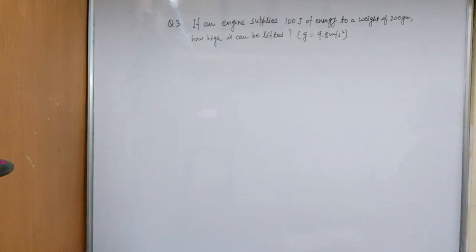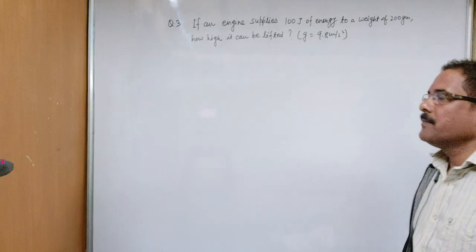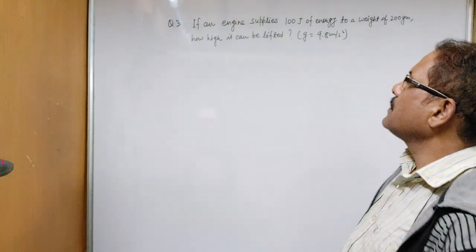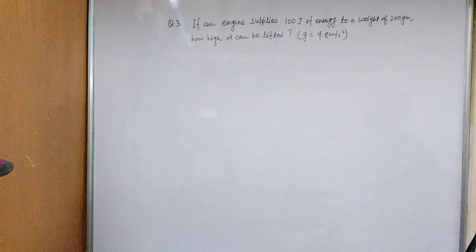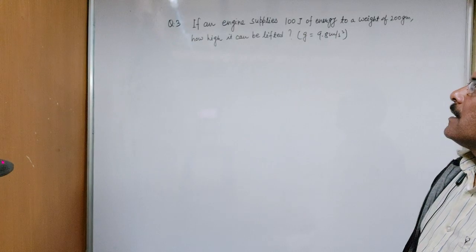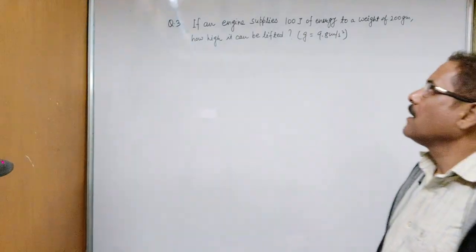So here amount of energy is given, that is 100 joule, and due to this energy the object acquires some height. It means it acquires potential energy.